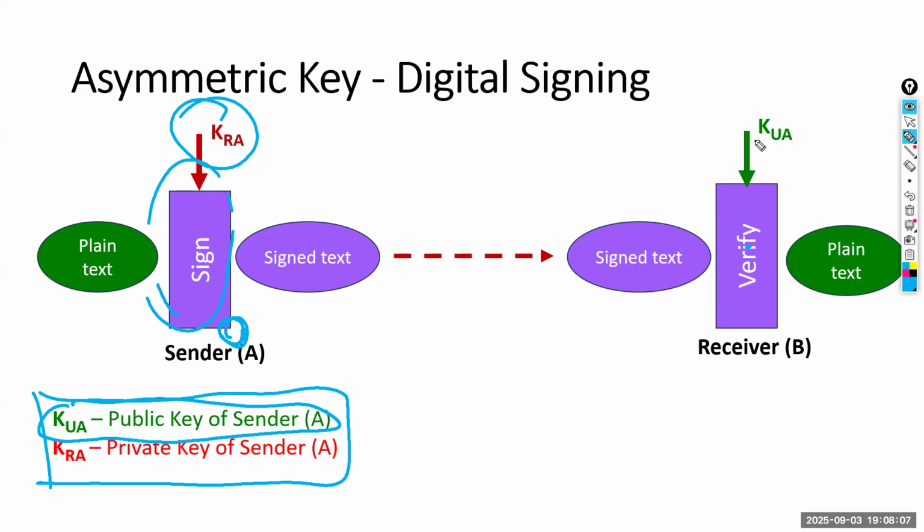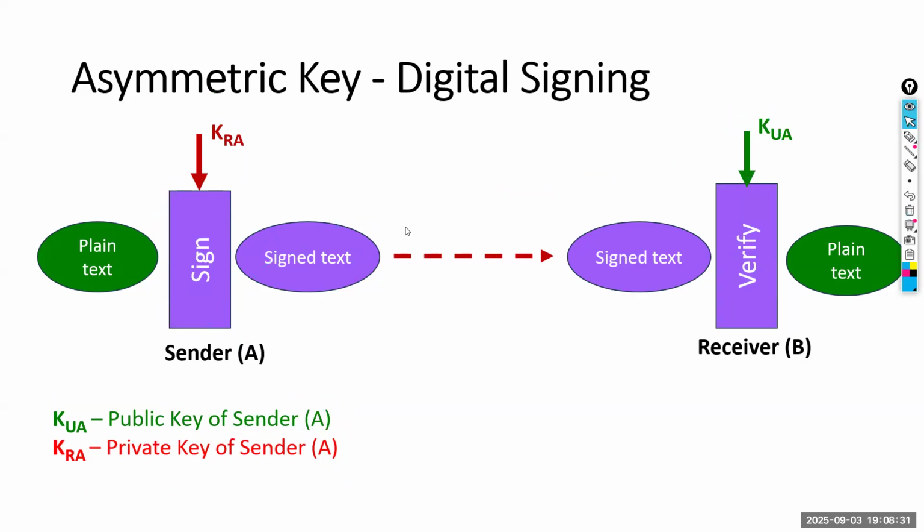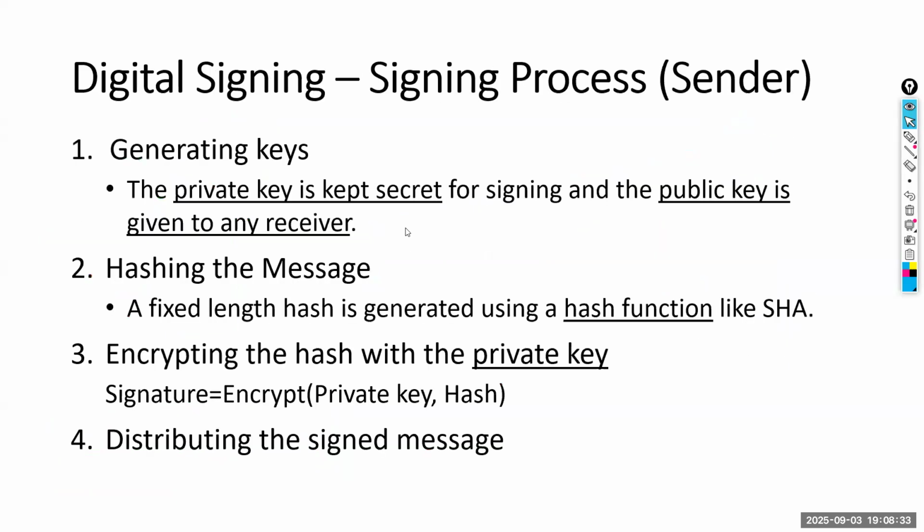So the receiver can get the public key of the sender and check whether it is really coming from the sender. Because it is verified only when it is signed by the secret key. No one else knows it. Okay. So any questions about these things? Because this is where we stopped.